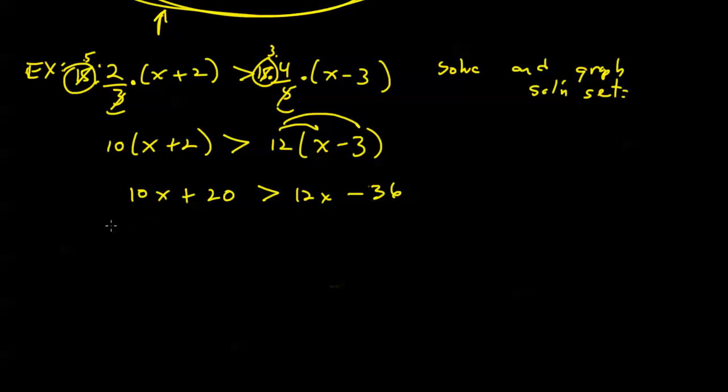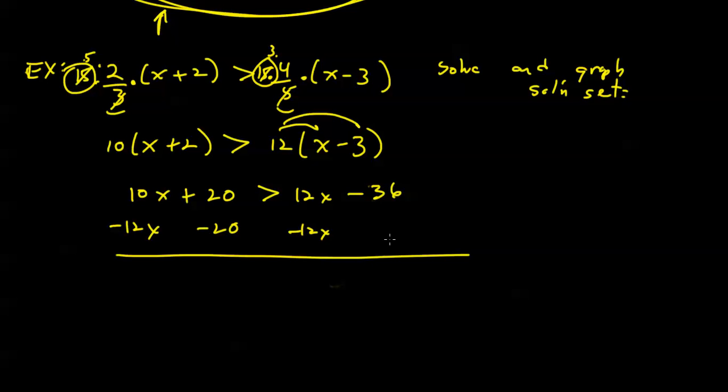Looks good. Alright, let's pick it up again. I'll subtract 12x from both sides, and then I would subtract 20 from both sides. I'll get a minus 2x on the left is greater than, let's see, minus 56 on the right, right?